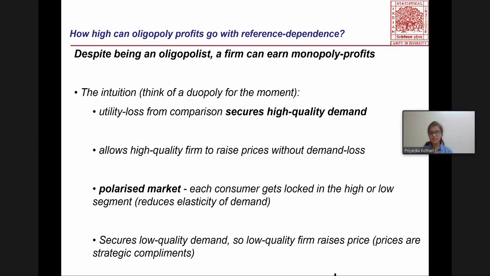So this leads to polarization of the market. There is a secure demand for the low quality firm as well, which helps the low quality firm to raise its prices further. And as we will see in a while, prices are strategic complements in this setup.